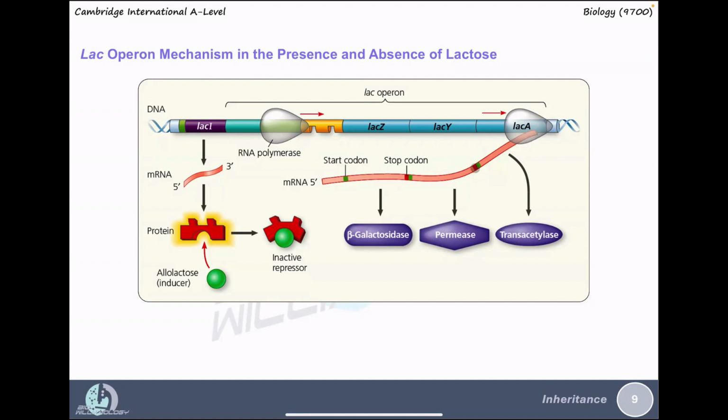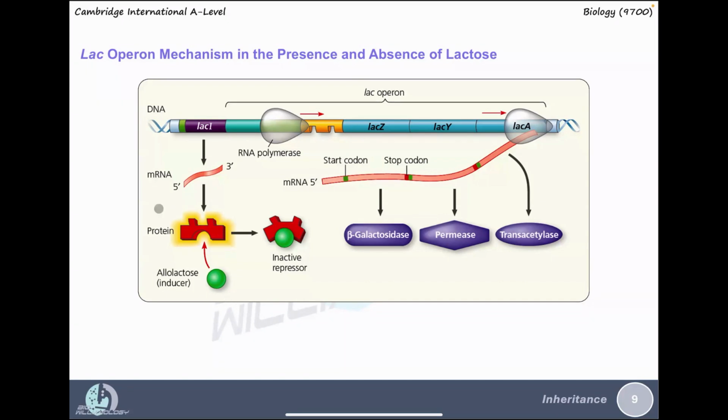The translation of this mRNA produces beta-galactosidase, permease, and trans-acetylase, and these three enzymes are involved in the lactose metabolism. So therefore, we can actually imagine this. When lactose is available, the cells need to metabolize lactose.